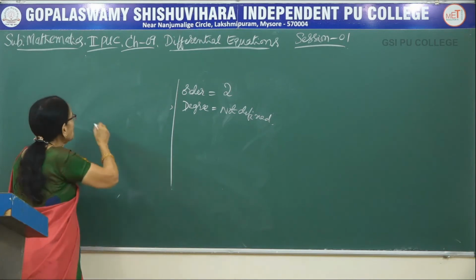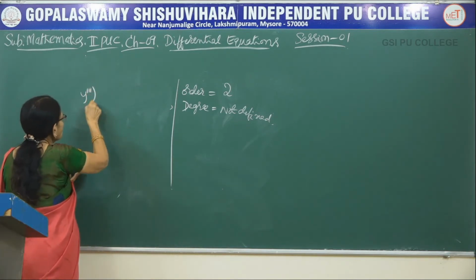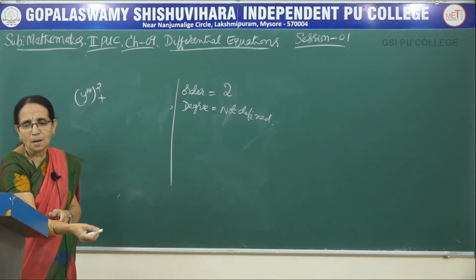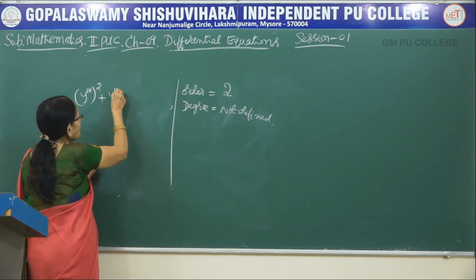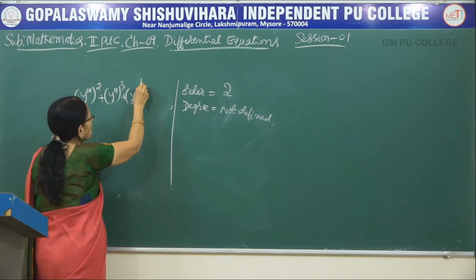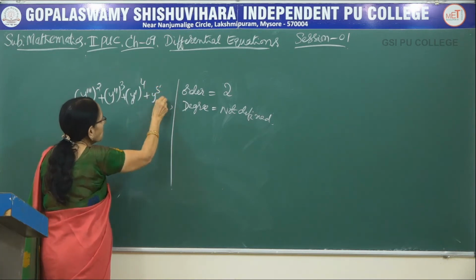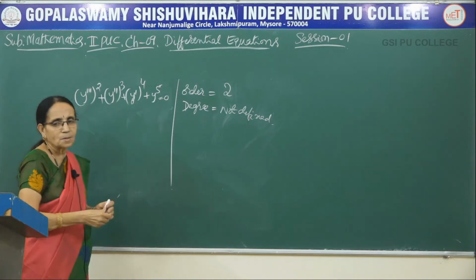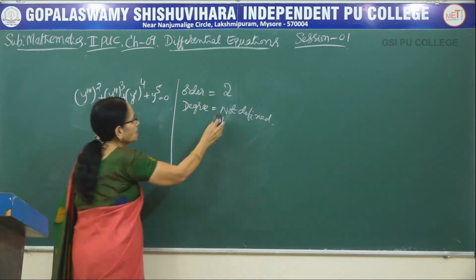It is (y''')² + (y'')³ + (y')⁴ + y⁵ = 0. Now this is another differential equation.